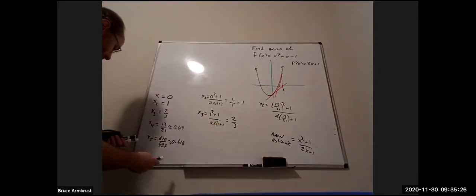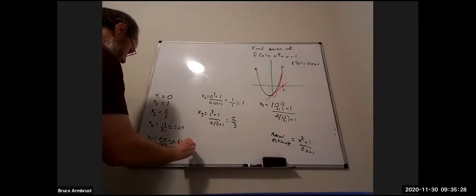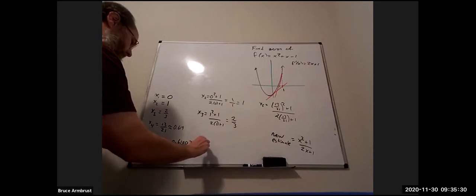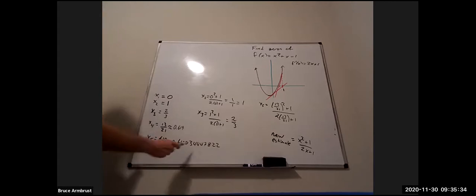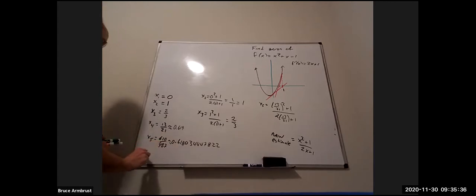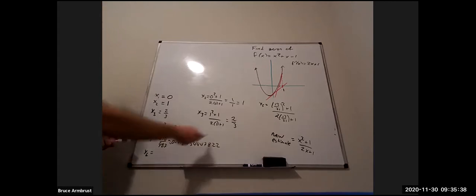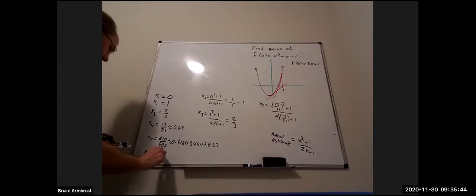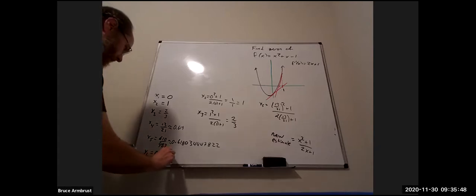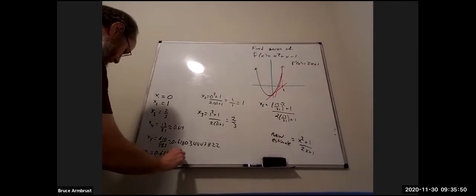So 0.618034447822. Okay, so that's as many decimals as my calculator gives. If we now plug this in to the formula, we get 0.61803398875.